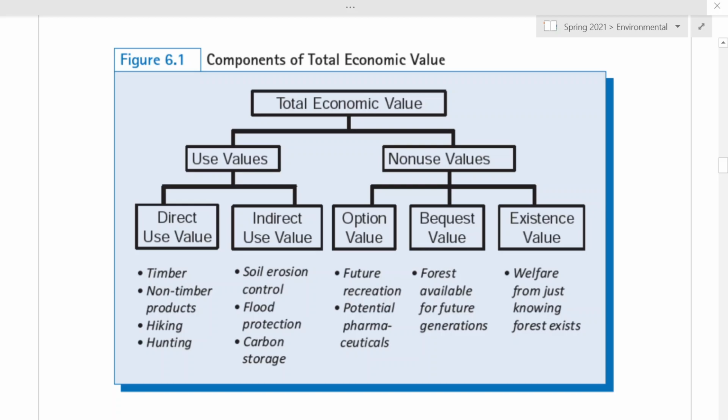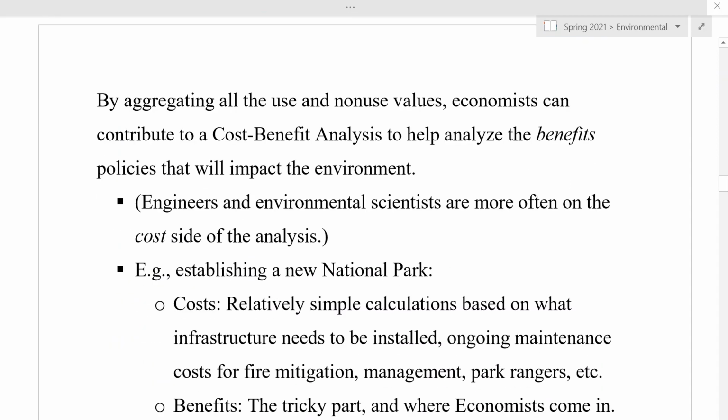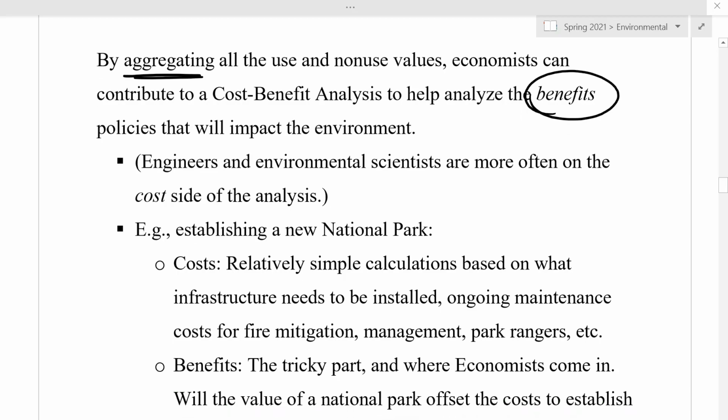So anyway, the way that we obtain this total economic value up at the top is we just add everything together. So I may have some use value, maybe direct or indirect, or both. Same with all of the option, bequest, existence values. You just take them all up, aggregate them, sum up all the values together, and that's going to help to analyze the benefit side of a cost-benefit analysis.